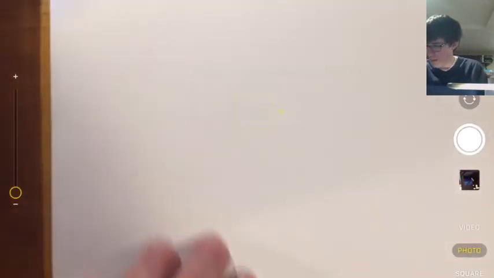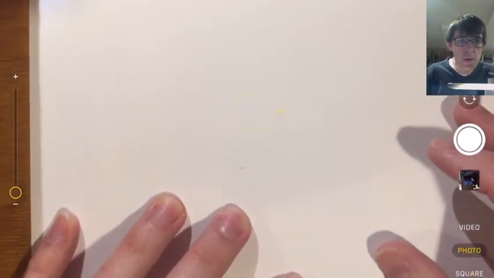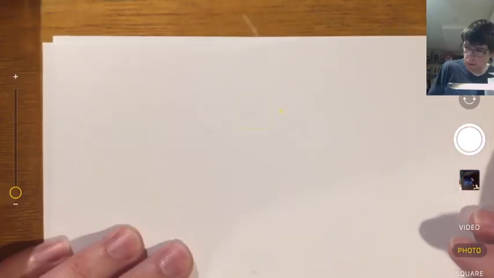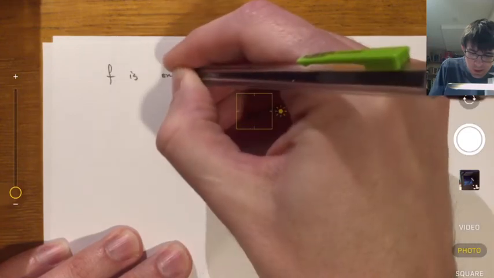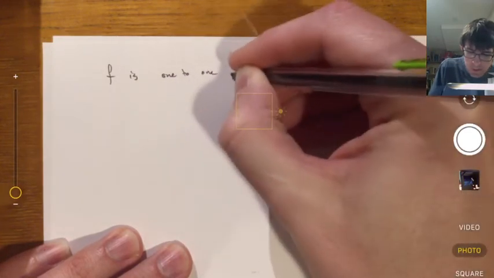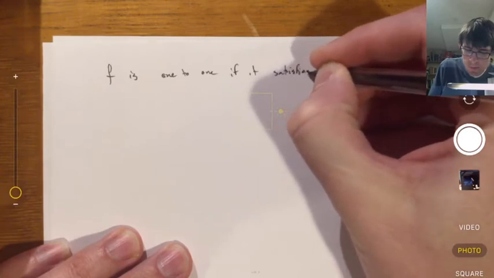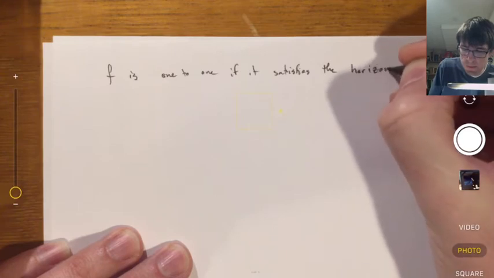So let me just write that again. Here's the top of the paper. There it is. All right, so f is 1 to 1 if it satisfies the horizontal line test is what we call this.